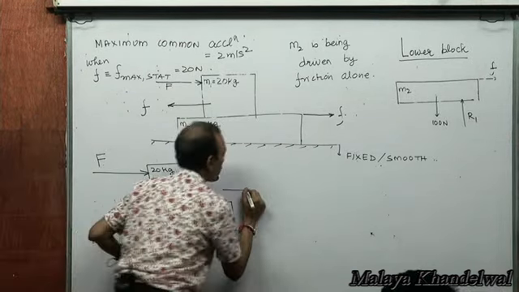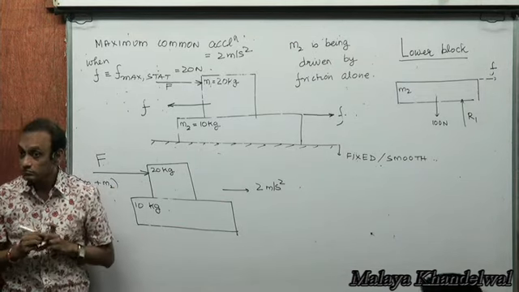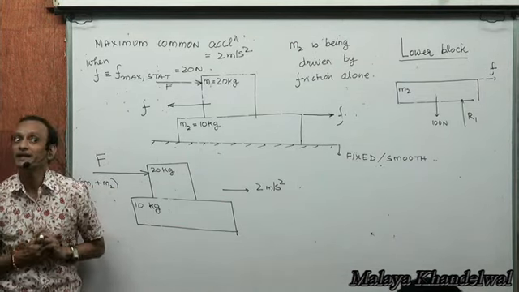Okay. I can apply generalized Newton's second law to this system. I consider the system m1 plus m2. When I look upon them as one unit, the forces that they exert on each other will be deemed internal forces.